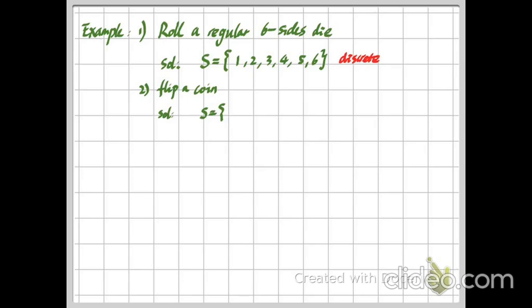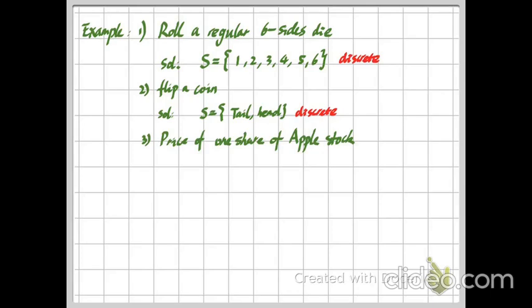We denote it by S equals tail, head. This is the answer, and it is also a discrete sample space. Now we have two examples of discrete sample spaces, and let me give our third example.